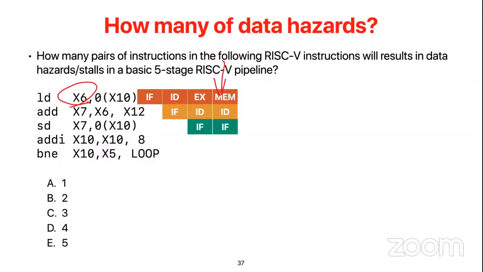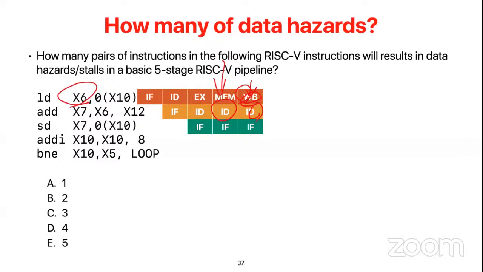So we have to stall for one cycle here. But before write back, there's no way the add instruction could get the right value. So you have to wait for the load instruction to write back in the first half of the cycle, and then the add instruction will be able to get it in the second half of the cycle.